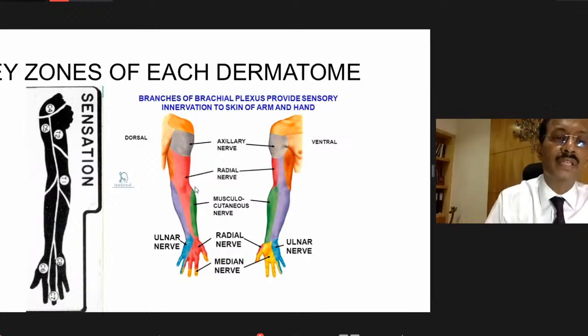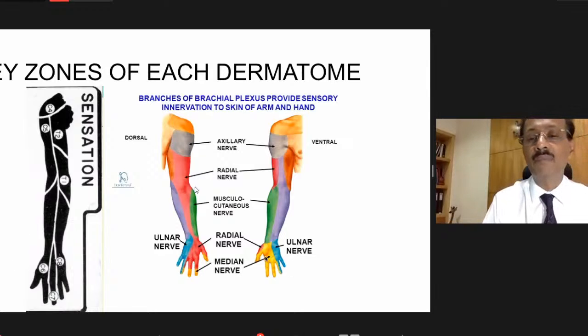If you look at C6, let's take the hand, and here you can easily differentiate. In the hand, the thumb and the index finger correspond to C6. The middle finger corresponds to the C7 nerve root, and the medial two fingers correspond to C8. But this is the root level.